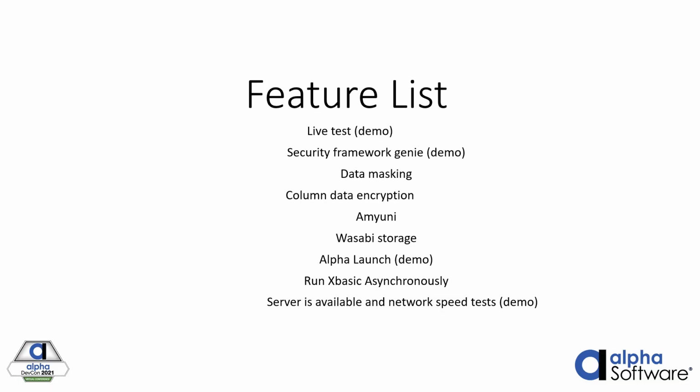So you might want to test the network speed before you start synchronizing images, and only synchronize images if you have a reasonable network speed. So we've made it very easy to add those types of tests into your applications.